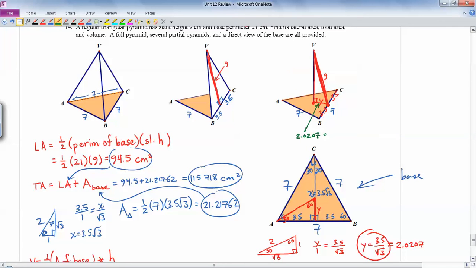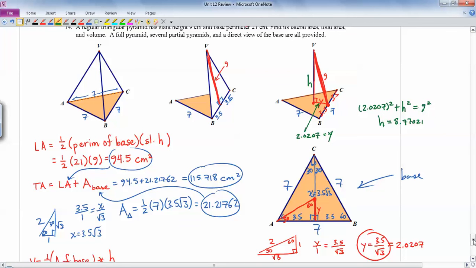So I can now do Pythag. 2.0207 squared plus the height squared equals 9 squared. If I work that out, I would end up with the height equaling 8.77021.